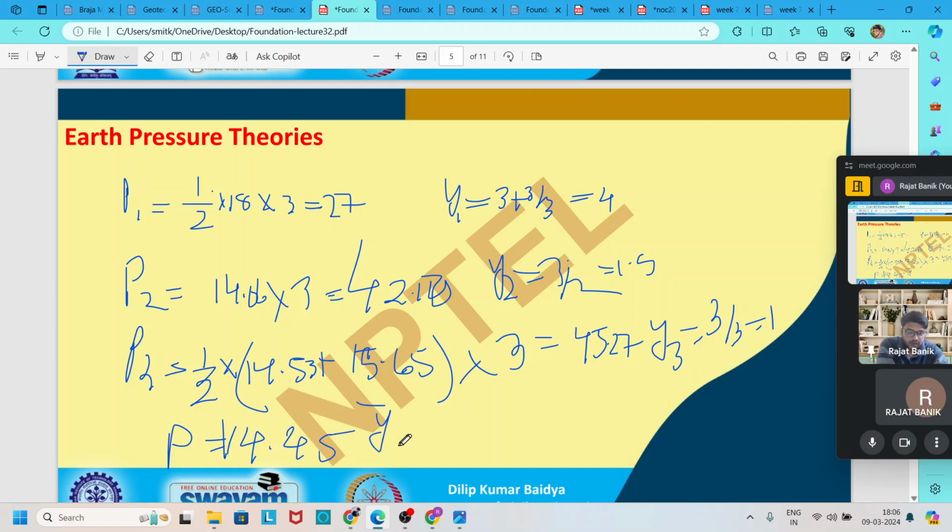Then Y bar is P1 Y1 plus P2 Y2 plus P3 Y3 divided by P. It becomes 27 into 4 plus 42.18 into 1.5 plus 45.27 into 1 divided by the total force 114.45.